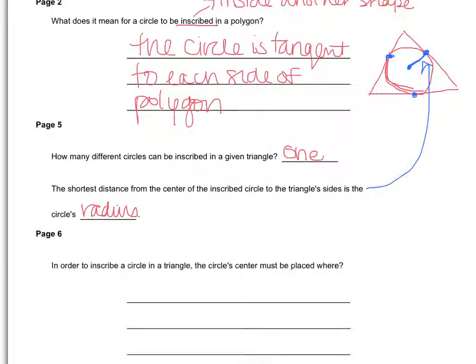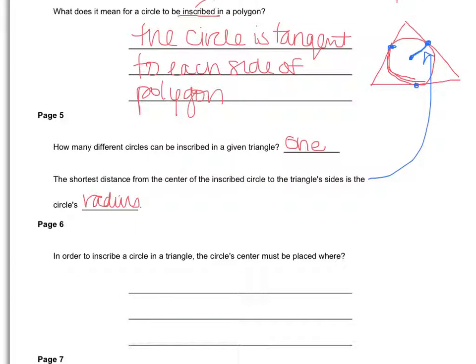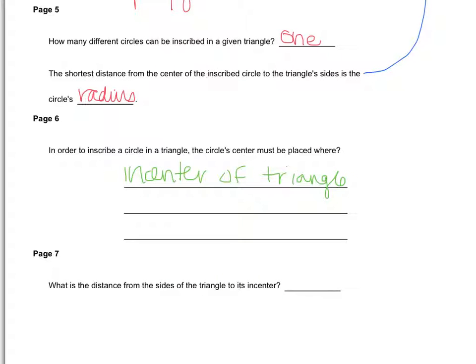In order to inscribe a circle, the circle's center must be placed at the incenter of the triangle. It's probably been a while since you've talked about incenters, but incenters are the point where all of the angle bisectors meet.